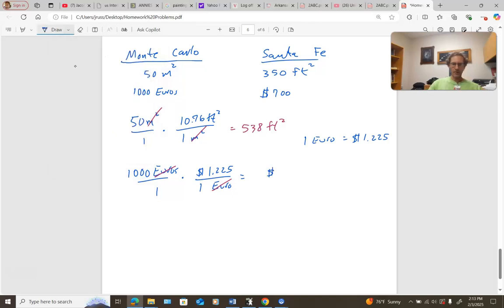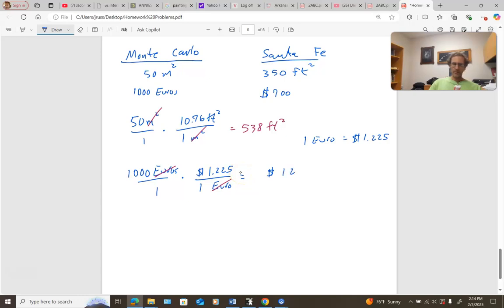And we're going to end up with dollars. And because I'm multiplying by 1,000, we'll talk about this in the next chapter, chapter 3, 1,000 is the same as 10 to the third power. It has 3 zeros. So I can simply move the decimal to the right 3 places.